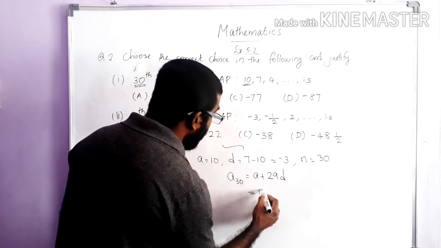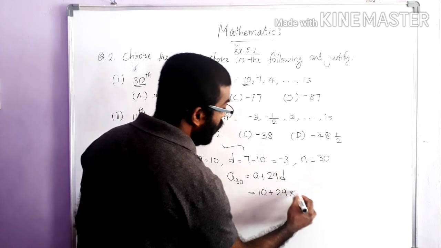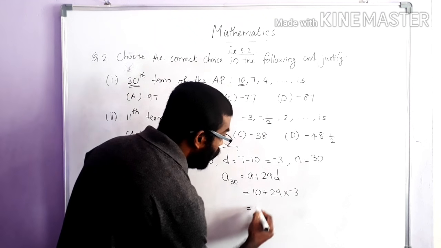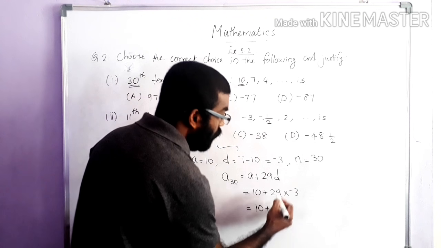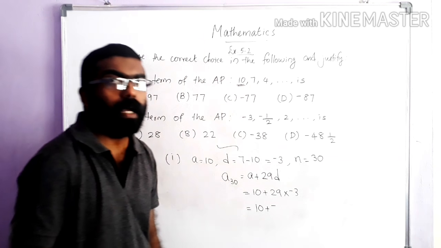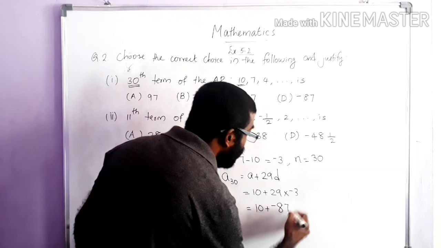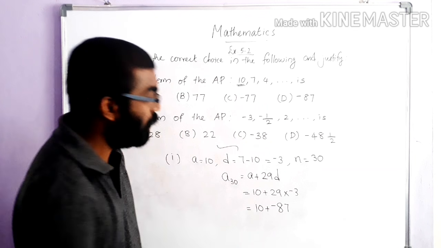Here a is 10, then plus 29 into d, and d is minus 3. So it is equal to 10 plus, into minus is minus, 29 into 3. 29 into 3 is 87. After multiplication we get 87.